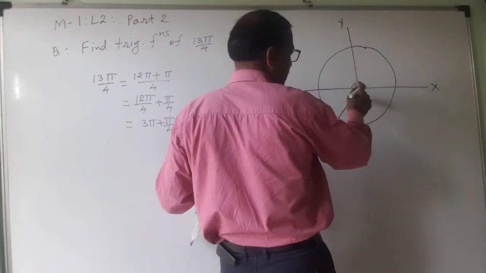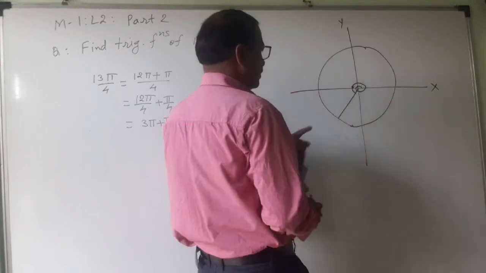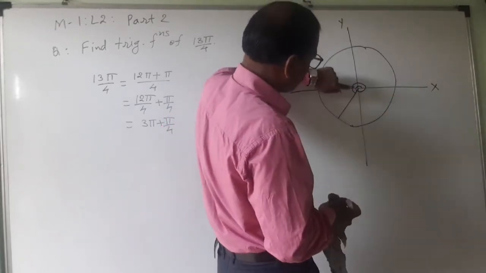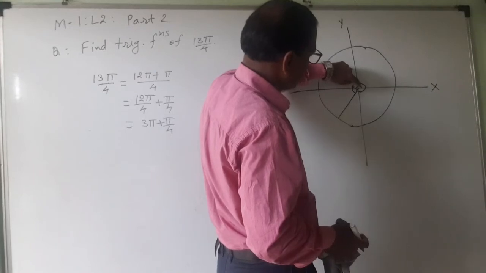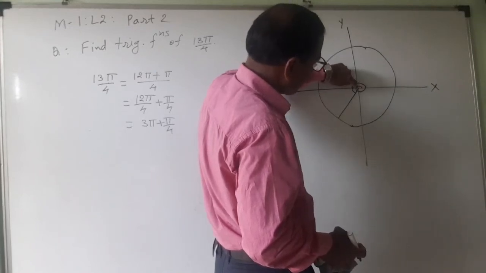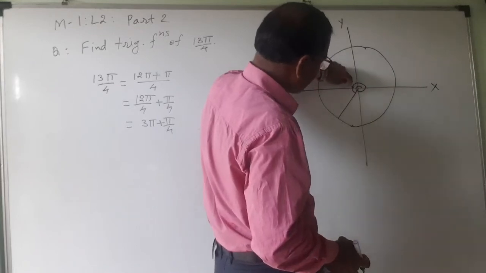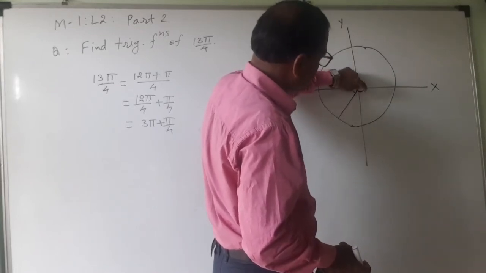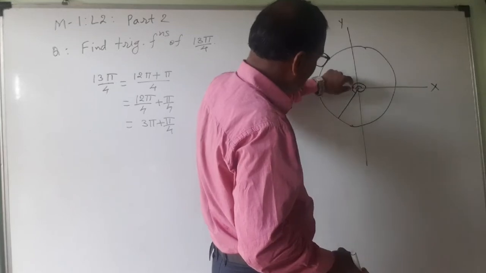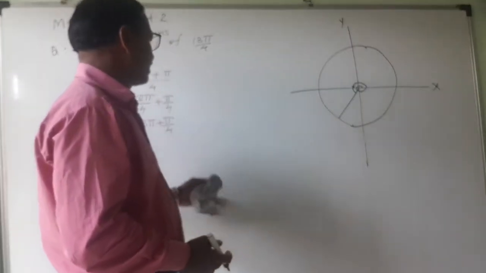This much part is 3 pi up to this. From here to here 180, 360, and then pi, 2 pi, 3 pi, and above that 45 degrees.